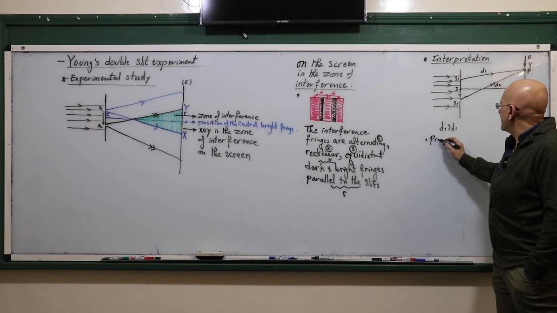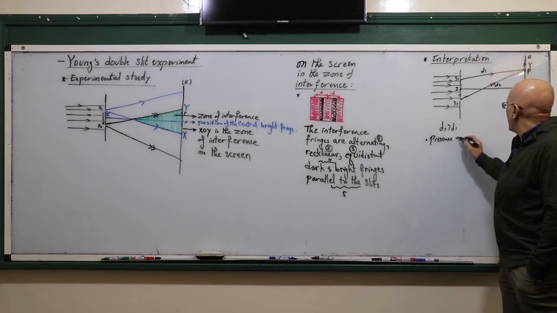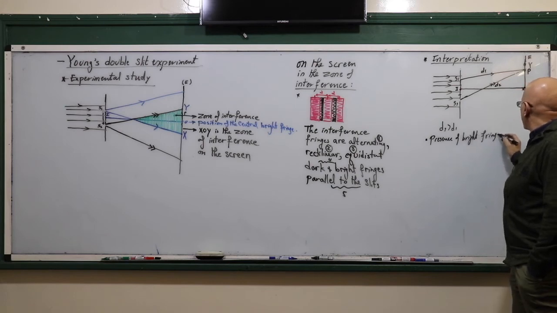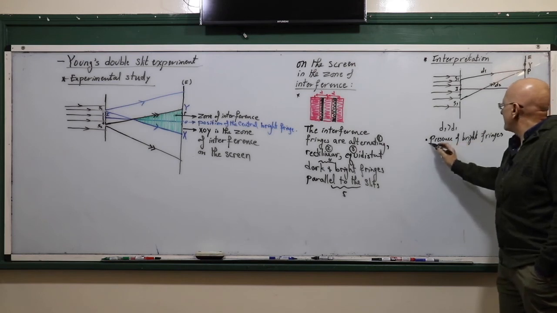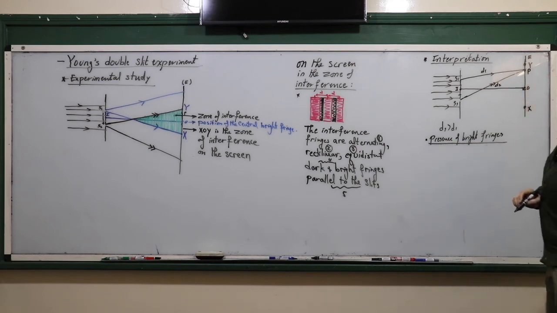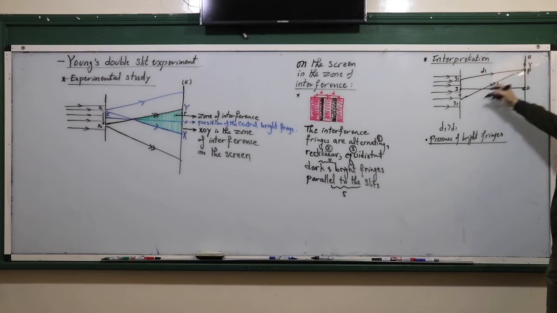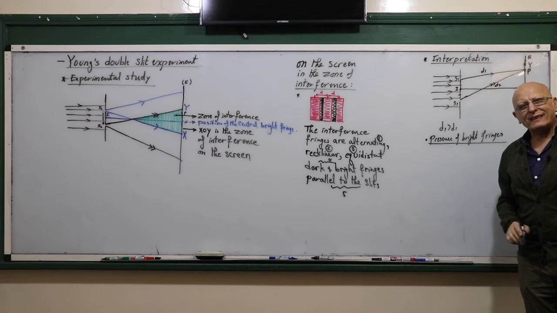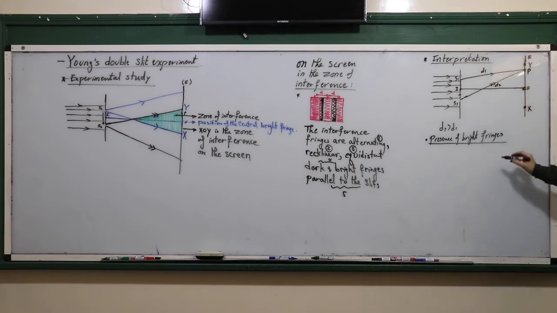Now, the presence of bright fringes. You have two light waves reaching a point M. And as we said, a light wave is an oscillating electric and magnetic field. I'm going to take the electric field because the intensity of light depends on the amplitude of the electric field.